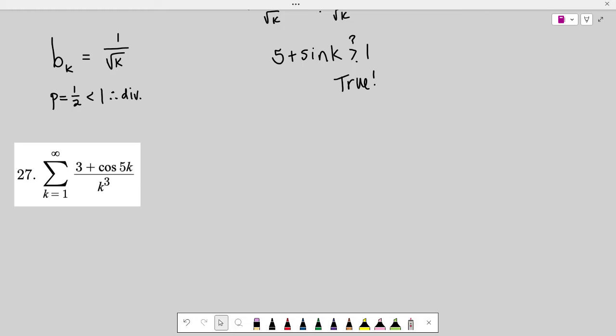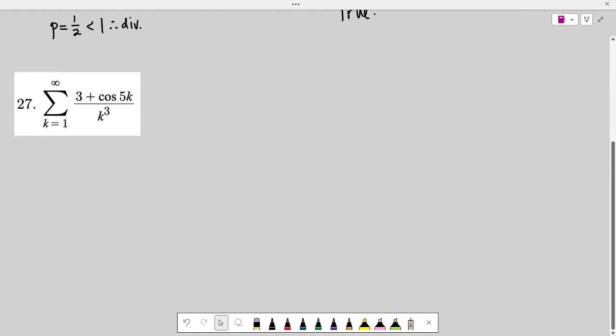So our strategy would be to choose our b sub k. If we choose our b sub k to be 1 over k cubed, we're going to say, oh, p is 3, and that's bigger than 1, therefore it converges. So we know that our p series converges. And so what would we want to show then? We want to show less than.